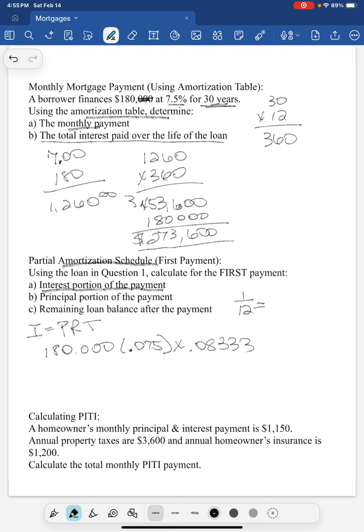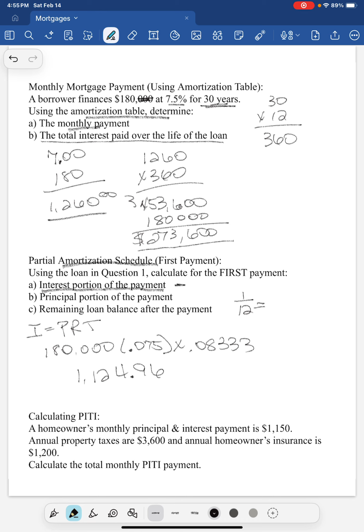So if we multiply 0.08333 times 0.075 times 180,000, we get a big portion of the payment, because remember, this is the payment. That first payment, $1,124.96, is interest. And I know that seems extreme, and it is.